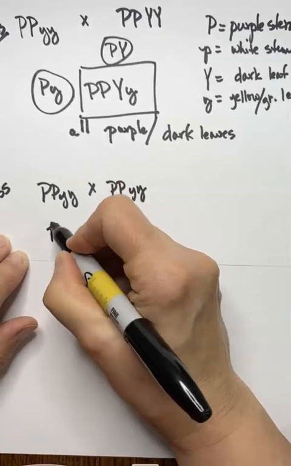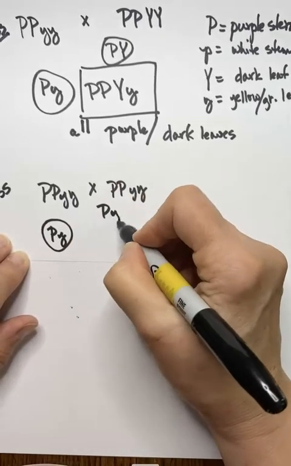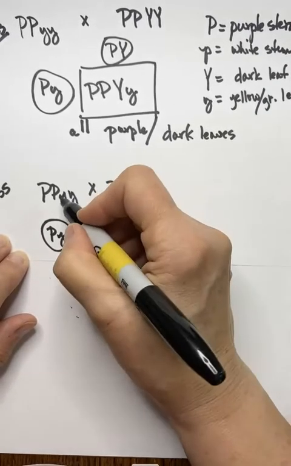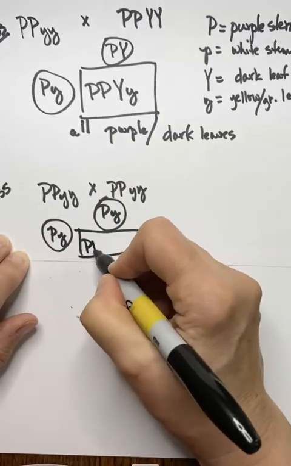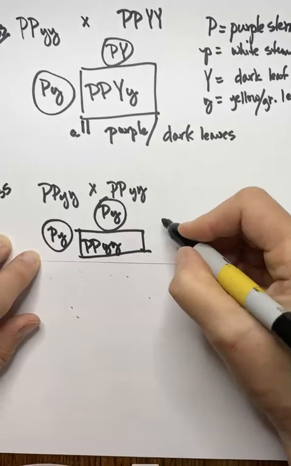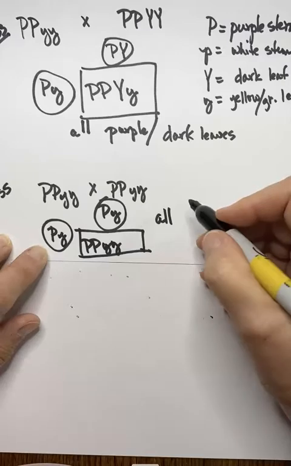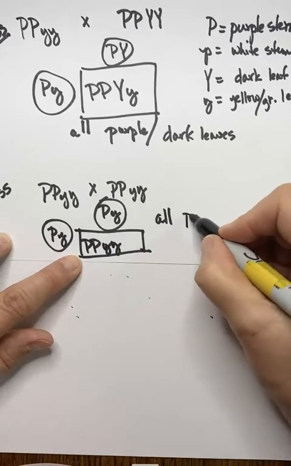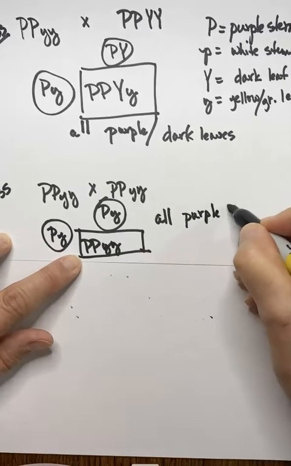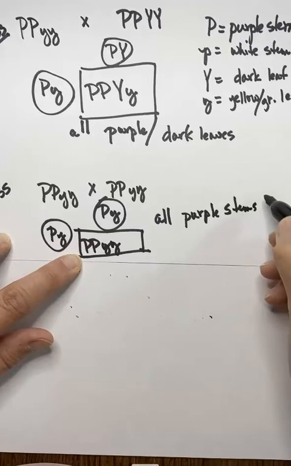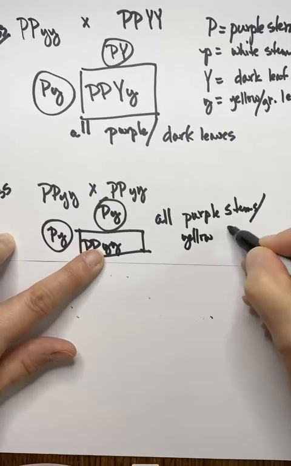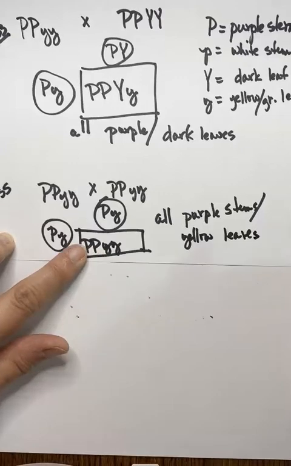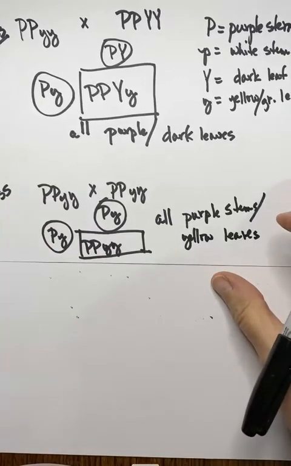We're going to get capital P, little y, capital P, little y, off from that parent, and so we get capital P, little y. So all the offspring are going to have purple stems and yellow-green leaves. Okay, you see how this is going to go?